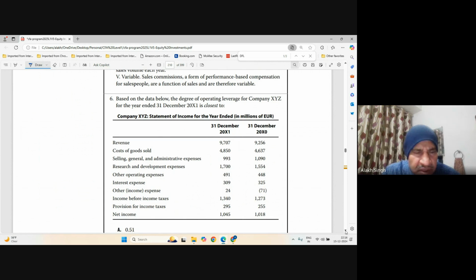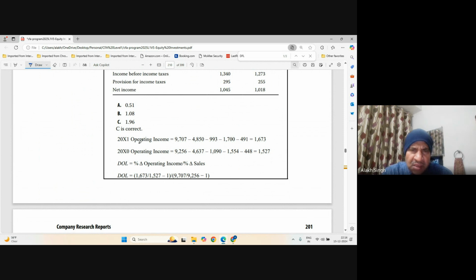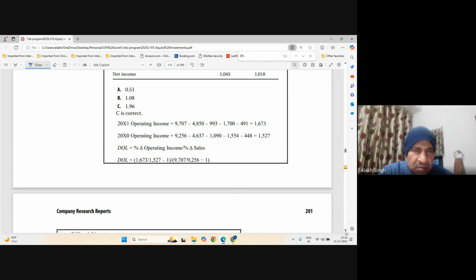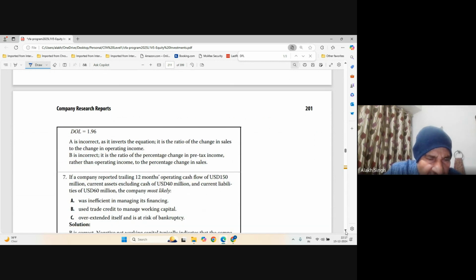So we have to calculate the percentage change in operating income divided by the percentage change in sales. That is the formula we need to remember. Since it is operating leverage, it will be the operating income percentage change divided by sales.